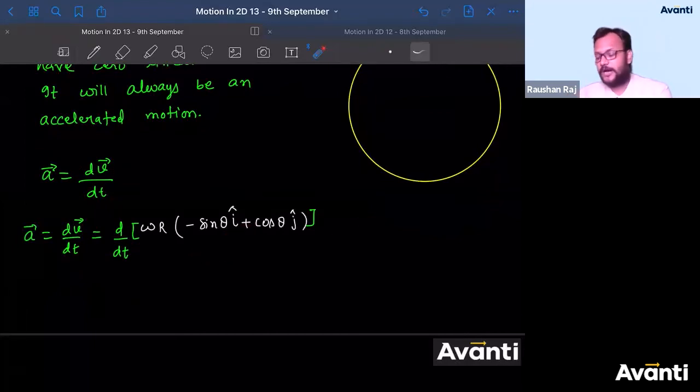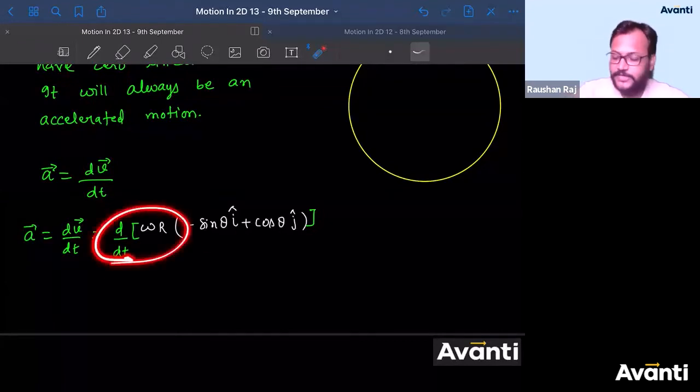Now guys, come on, start differentiating it. How many variables do you think are there? There are two variables, right? What are those? Omega and theta. So you have to differentiate omega with respect to t, theta with respect to t.